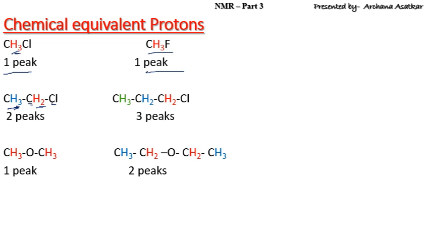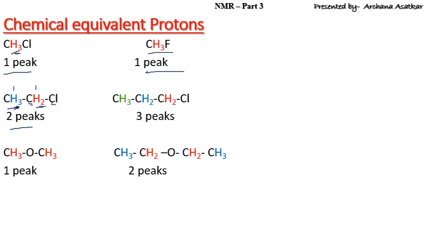So these three protons are similar in nature, and they will give one peak. These three protons will give one peak, and these two protons will give one peak. But these three protons differ from the two protons of the CH2 group. So when we calculate the number of signals for this molecule, we get one from here and one from there. So we will get a total of 2 NMR signals for this molecule.